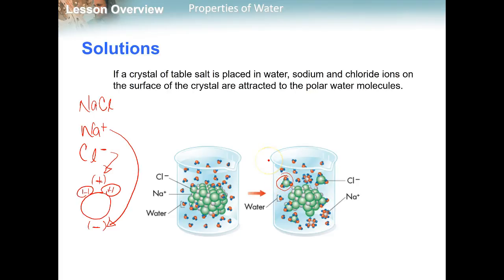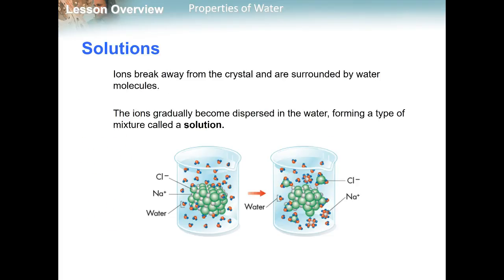There are going to be water molecules holding the chlorine and water molecules holding the sodium, and they're going to be evenly distributed throughout. This is forming a solution. We're not changing the chemical composition at all, but we have the chlorine and the sodium being held by the water molecules in that beaker.